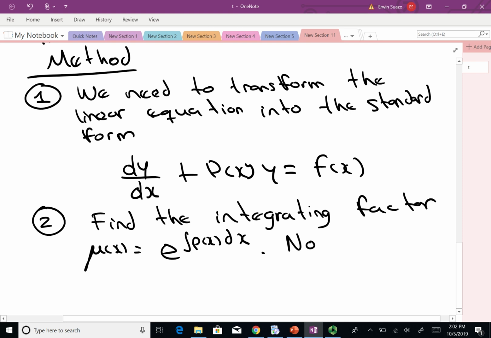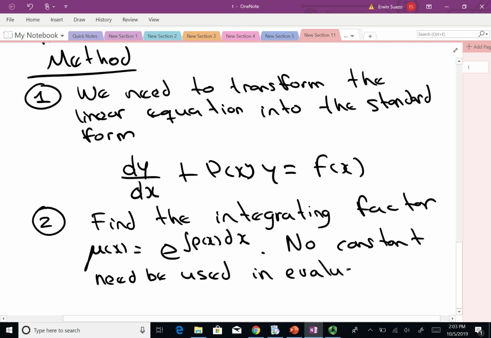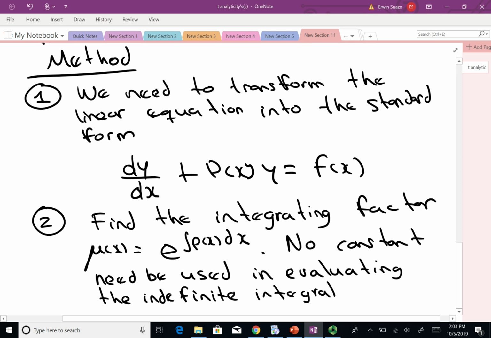And no constant need be used in evaluating the indefinite integral of p of x dx.